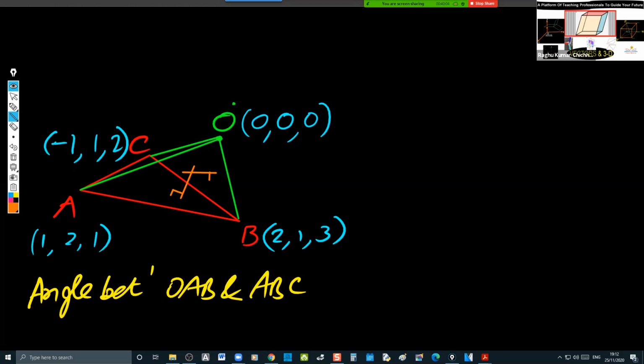I'll mark it here. So the angle between these normals is the angle between the planes. You have to understand that. AOB and ABC, the angle between these two is the angle between the normals.